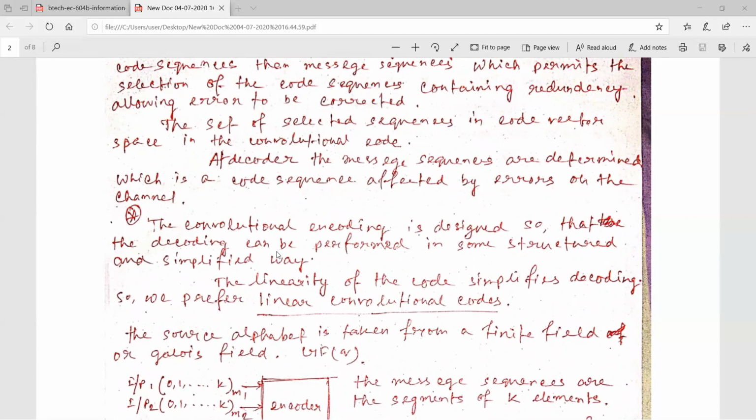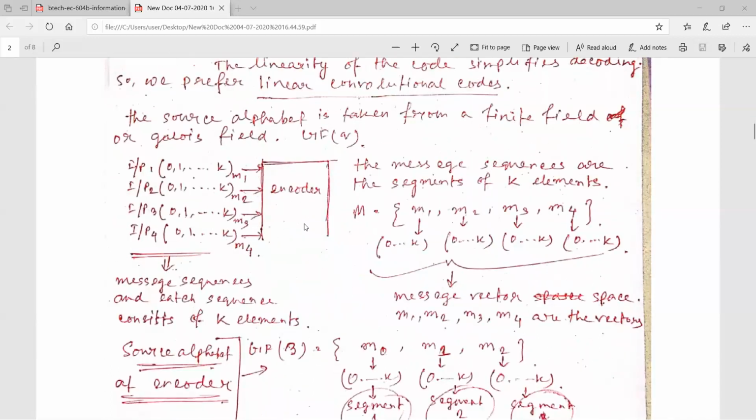Here the Galois field is basically used to represent the bits, the source alphabet. Here it is written that the source alphabet is taken from a finite field, GF(Q), and Q is the number of elements.